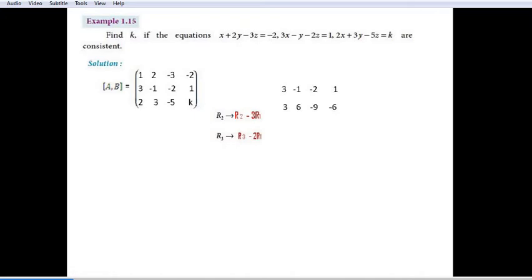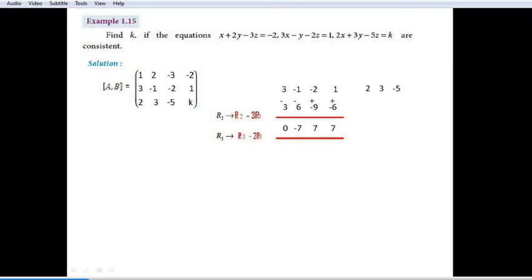We have to subtract it, so change the signs: minus 9 becomes plus 9 and minus 6 becomes plus 6. Simplifying, 3 minus 3 is 0, minus 1 minus 6 is minus 7, minus 2 plus 9 is 7, 1 plus 6 is 7. So this is the elementary transformation applied for R2.